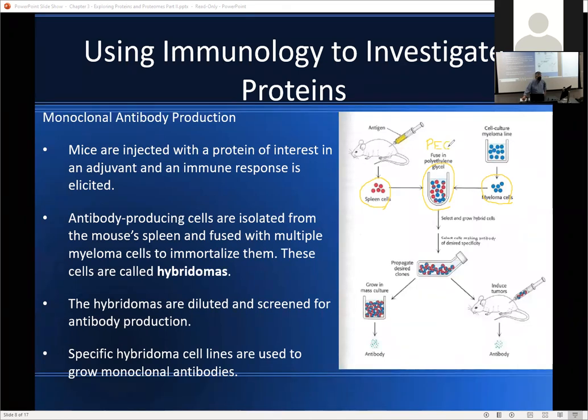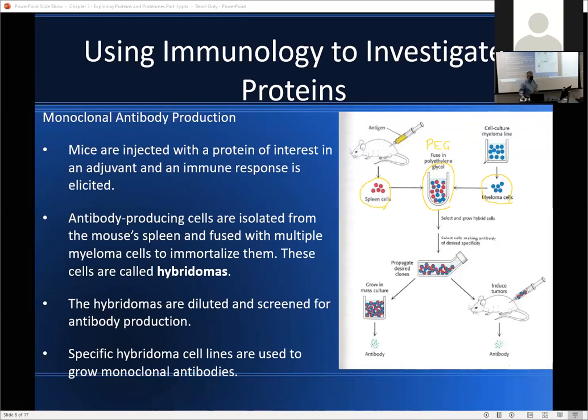Okay, so chemically, by adding PEG, we can cause the myeloma cells to fuse with our mouse cells and then make what's called a hybridoma cell. Hybridoma cells are immortalized, and they can also make antibody. They're a fusion of the two cells. So these cells can divide indefinitely, and they can still produce our antibody, which is what we want.